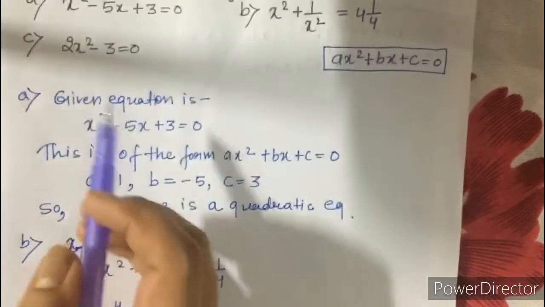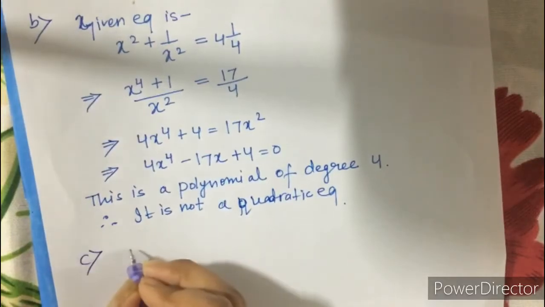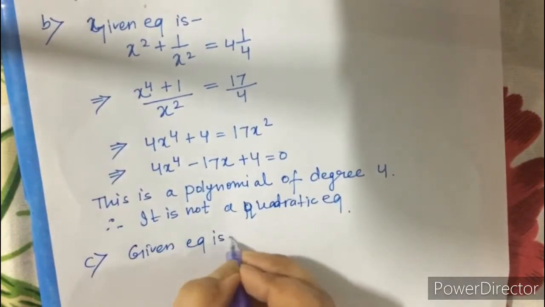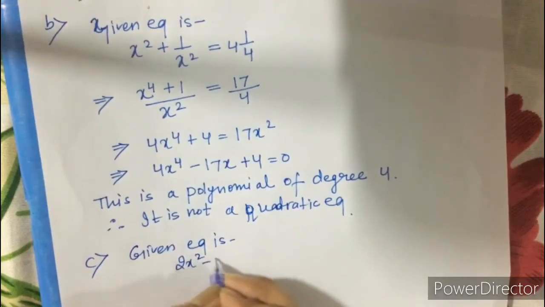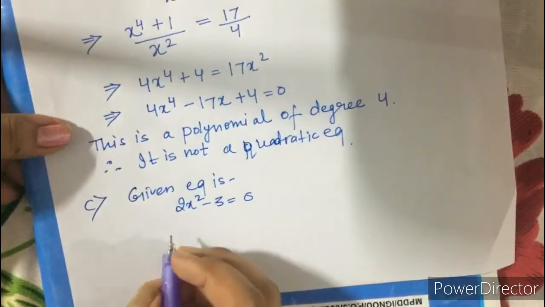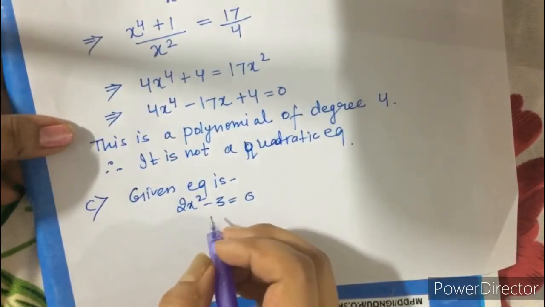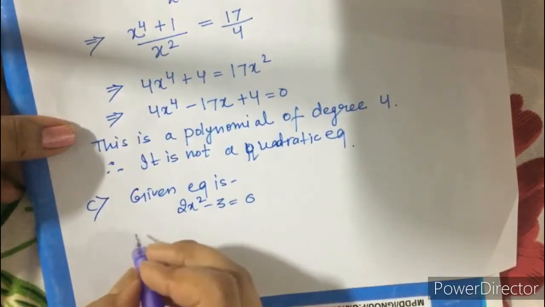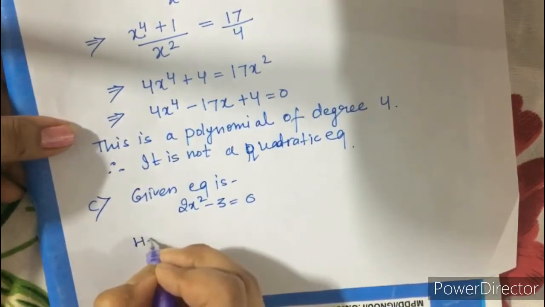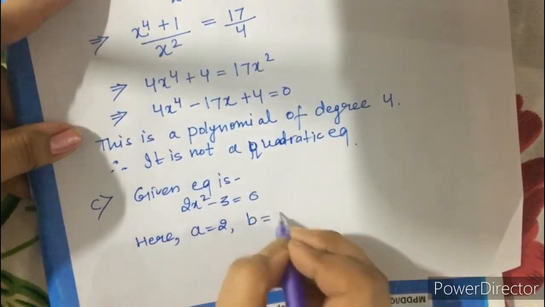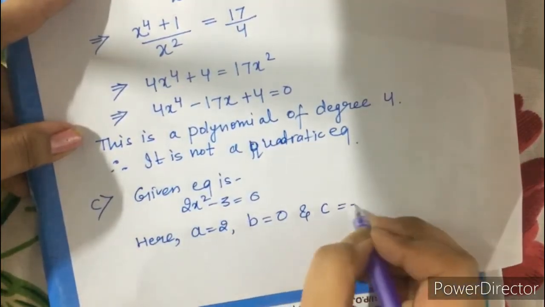equation. We have the third equation, 2x square minus 3 is equal to 0. So write down the third given equation: 2x square minus 3 is equal to 0. I have told you already, if you see an equation in this form, we can easily convert it. Here a is equal to 2, b is equal to 0 and c is equal to minus 3.